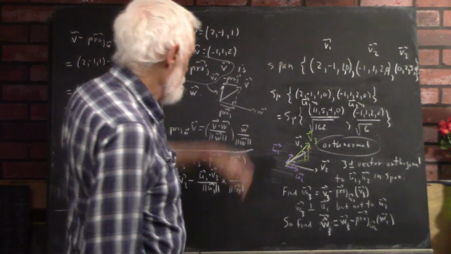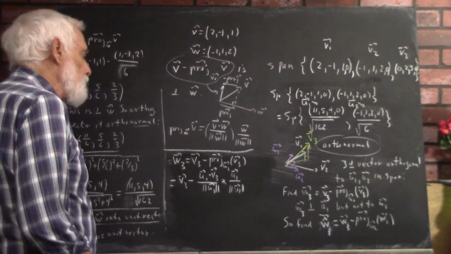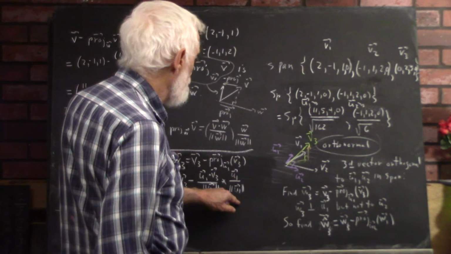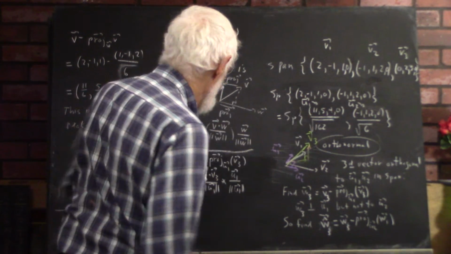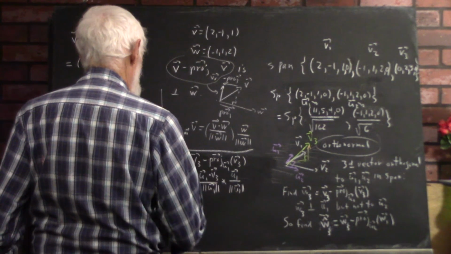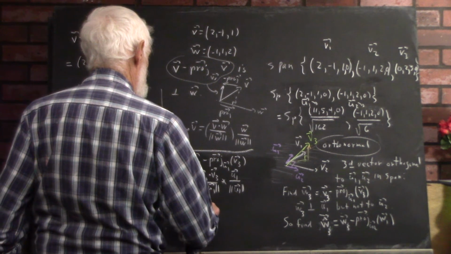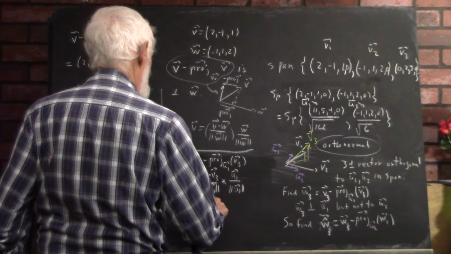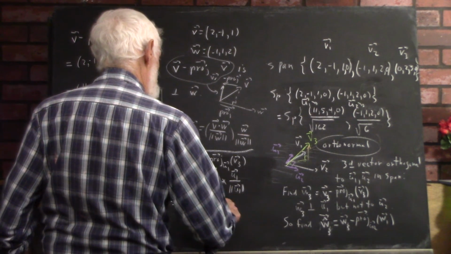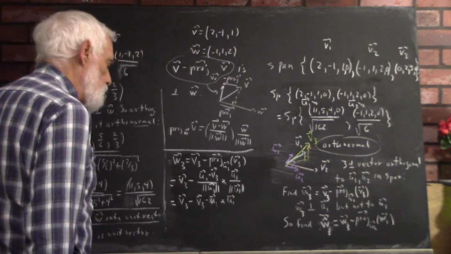Now, given these vectors, that looks like it's probably going to be pretty nasty. Turns out it really isn't, because what do we know about U1? U1 is a unit vector. So we've already taken care of the magnitude of U1, so now this just becomes V3 minus, write it in the order I should have, V3 dot U1 multiplied by U1.